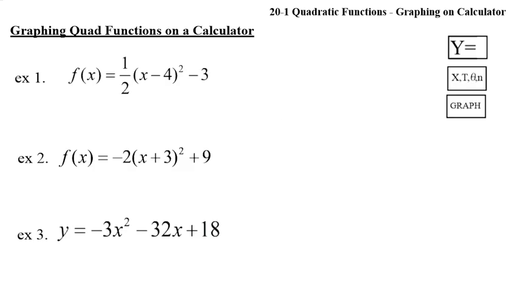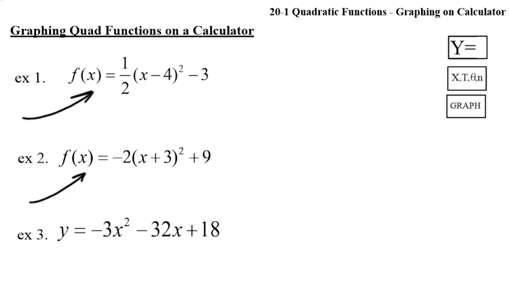So, very quickly, can you please graph those particular quadratic functions? What's important though before you do that is I want you to understand that you can do this when you have your quadratic function in vertex form, even with a fraction, and we'll talk about that.